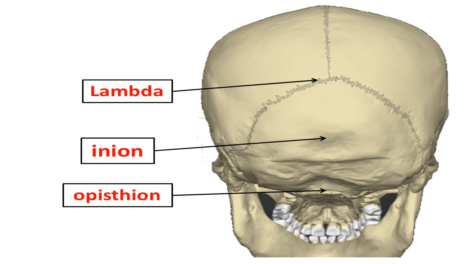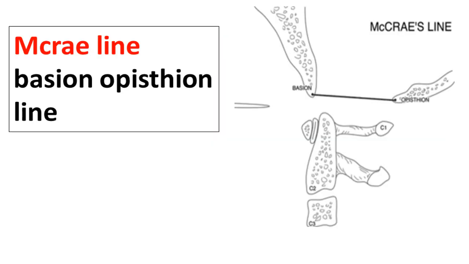This point is useful during midline posterior fossa approaches and for approaches to the craniocervical junction, which necessitate opening of the foramen magnum, as in Arnold-Chiari malformation. Also, this point is a part of many diagnostic radiologic lines, such as McRae and Chamberlain lines in basilar invagination, or in Powers ratio in atlanto-occipital dislocation, as we will see later in videos.